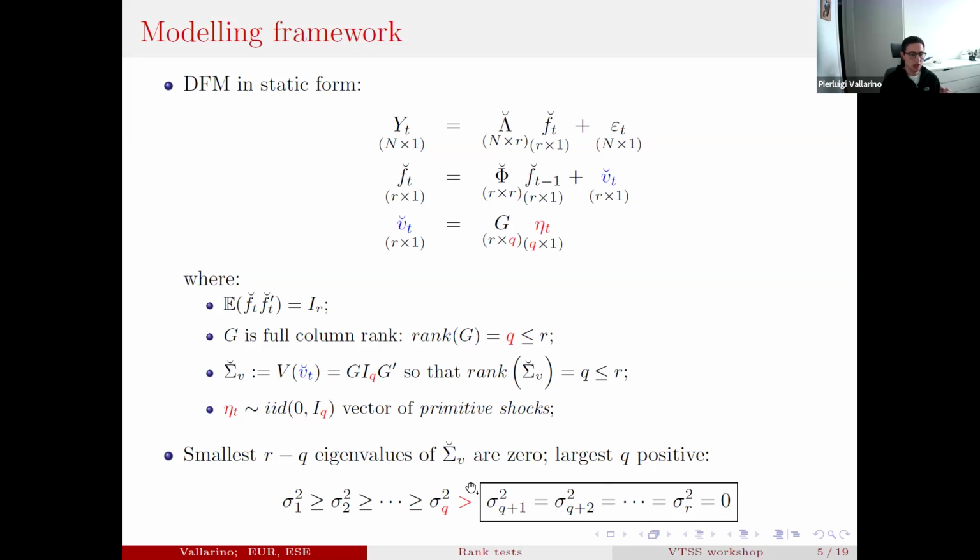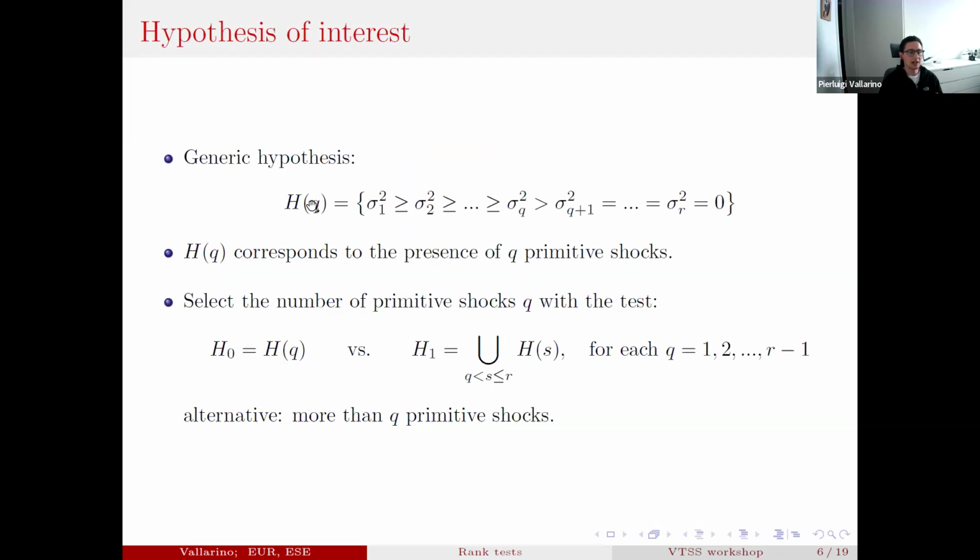And therefore, this chain of inequalities and equalities holds. So basically, we have q large eigenvalues, one strict inequality, and then all 0 eigenvalues. Now, this chain of inequalities and equalities will be the generic hypothesis of interest in this paper.